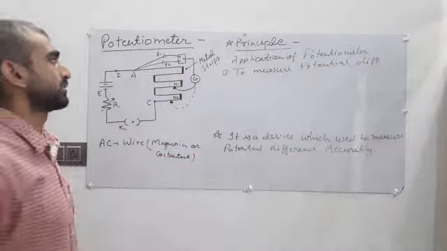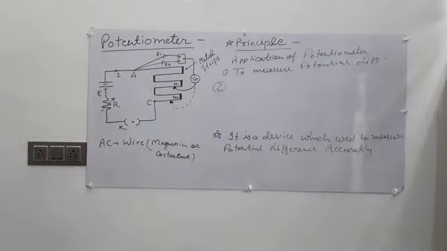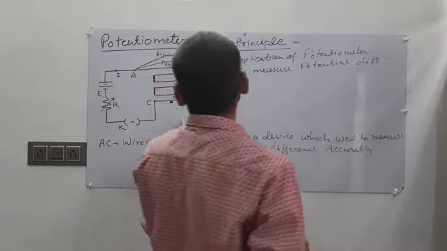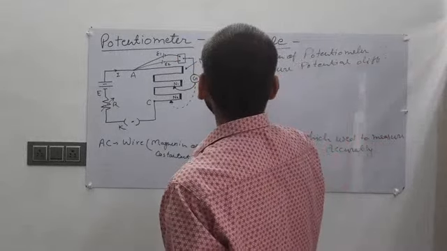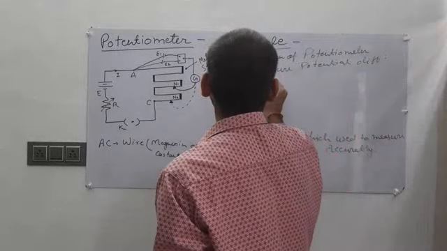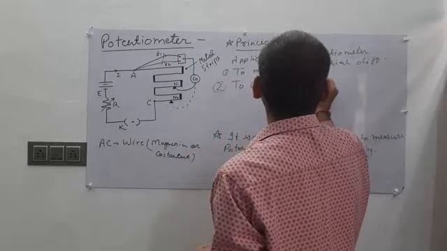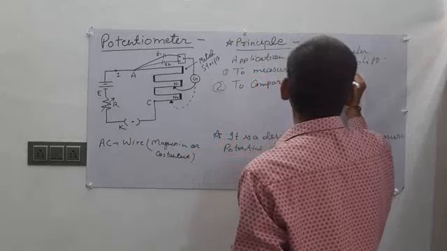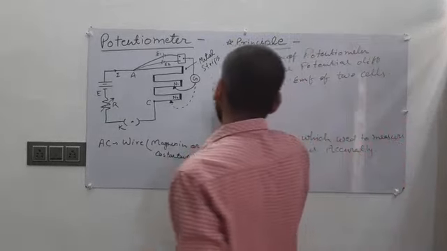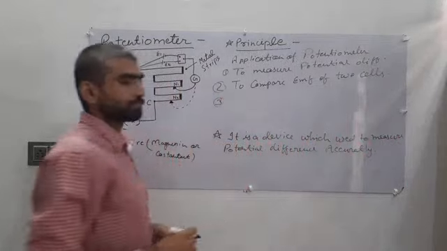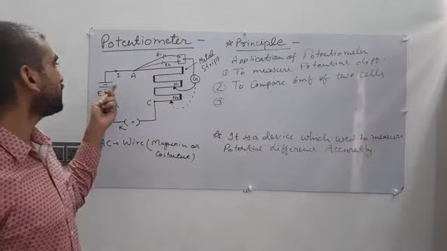And the second application of the potentiometer is to compare the EMF of two cells. Now the third application is that it is also used to measure the internal resistance of a battery.